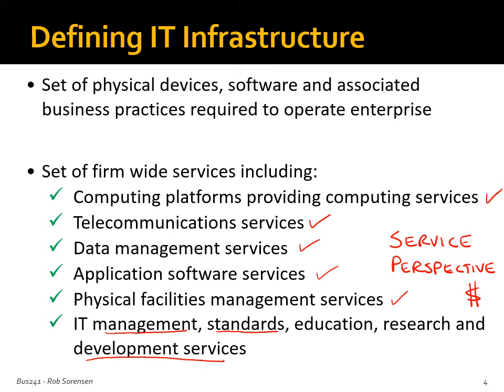Now, if I just jump back to the last unit we covered on strategy, and ask you a question. Is the type of strategy we choose going to impact our infrastructure? If you think about the 4 strategies we had, one of them might be to be a low-cost industry leader.